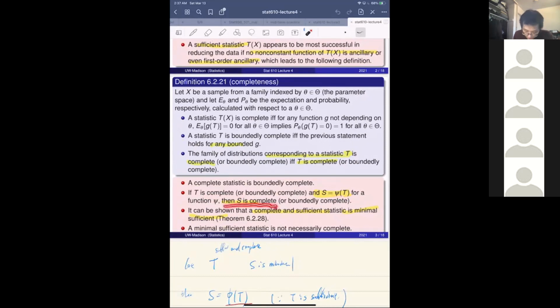But a function of a sufficient statistic may not be sufficient unless it is a one-to-one function.